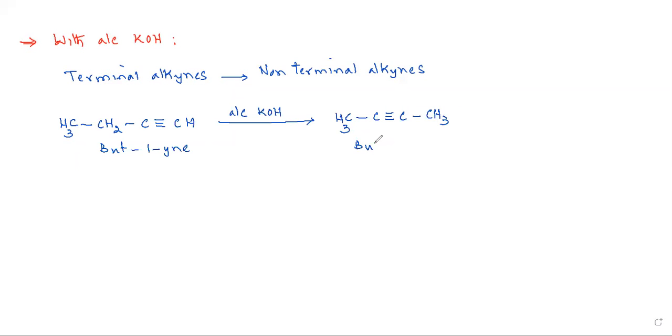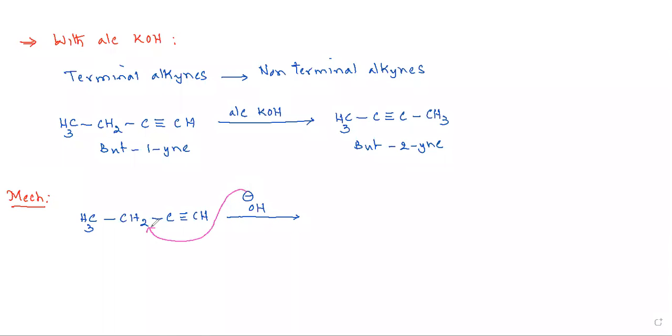we get but-2-yne. Okay. Let me give you the mechanism. Then this will be clear. Again, the same kind of abstraction of protons and rearrangement. Let me show you. See, with OH minus, I mean the base, we can actually abstract this hydrogen.